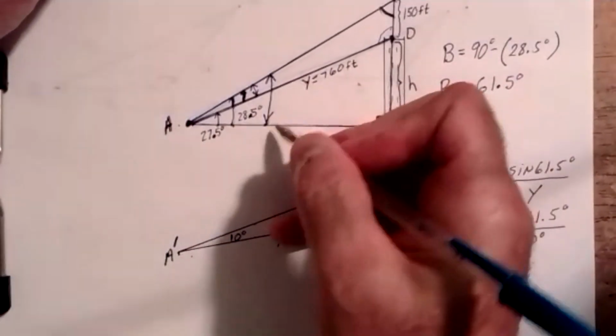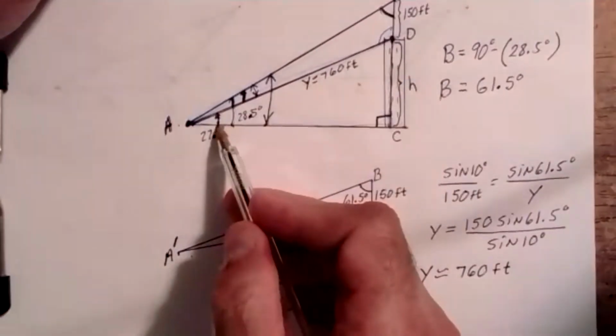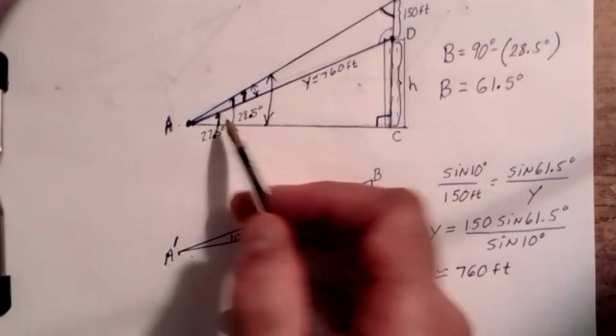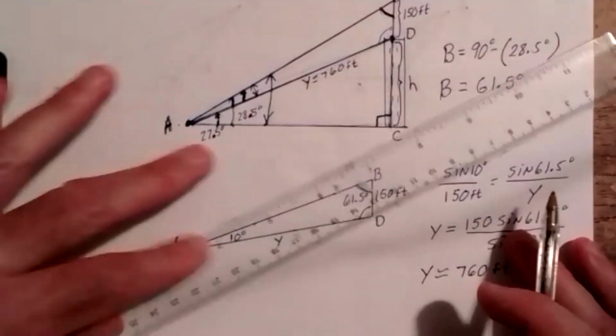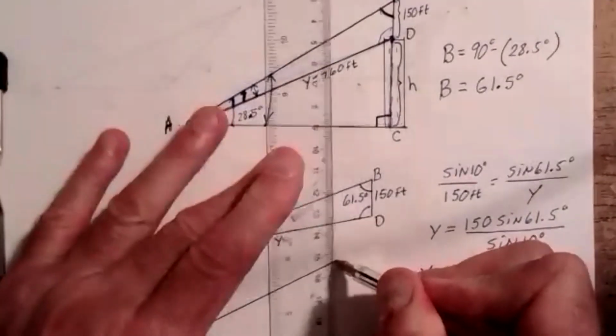And we know that this angle here is 27.5 degrees of the right triangle. So let me pull that right triangle out of the picture so we can see what's going on.